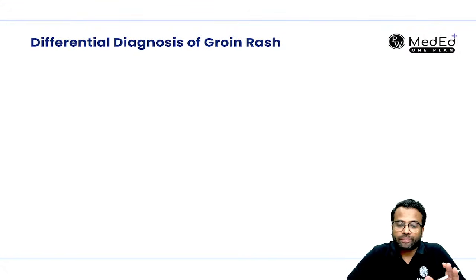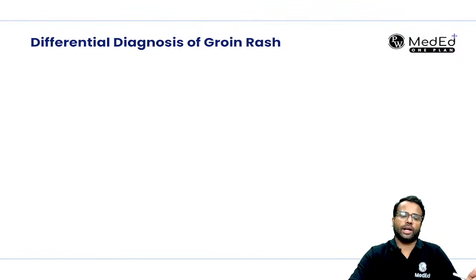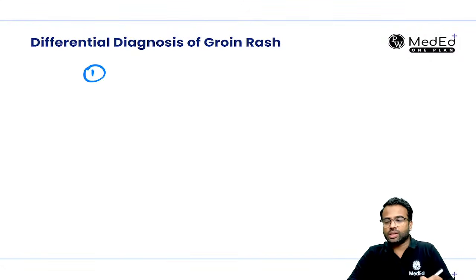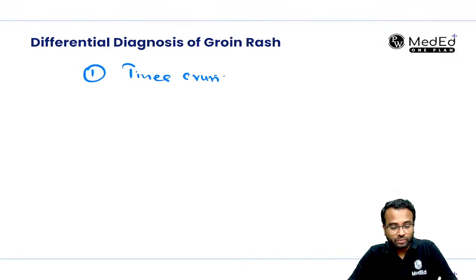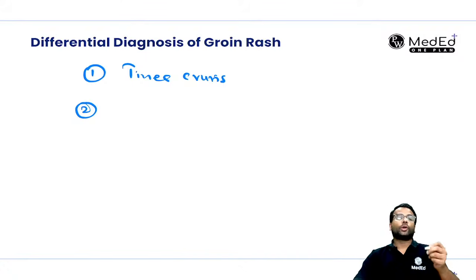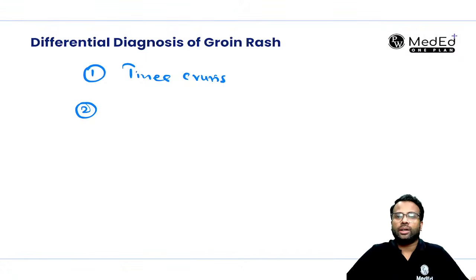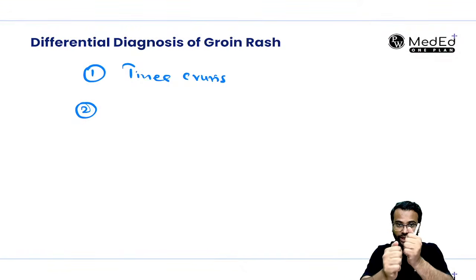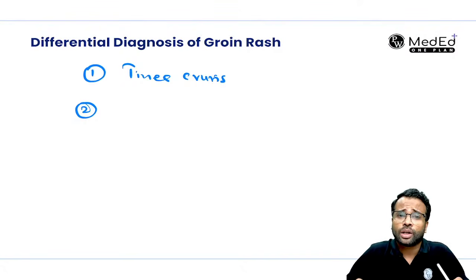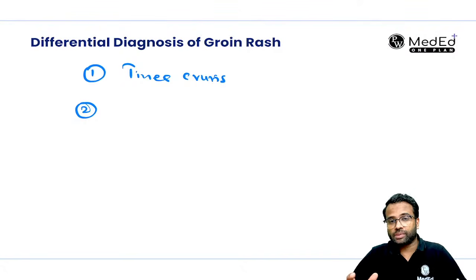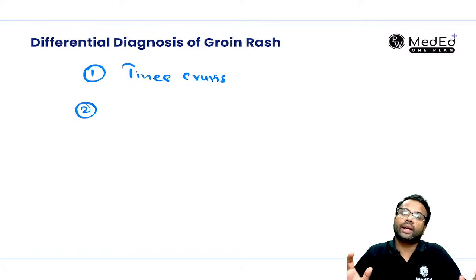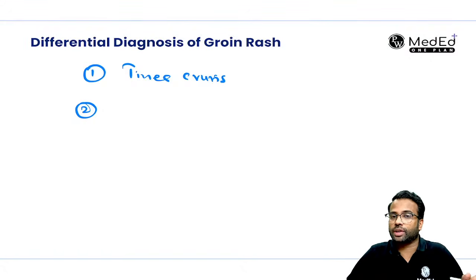In the groin region, if a patient is having some kind of a lesion, what are the differential diagnoses? One differential diagnosis, as you mentioned, is Tinea Cruris. What could be other things? Have you experienced in peak summers, or when you walk a lot, because of the friction, you may develop some maceration, some erosions in the skin, and there may be a superadded fungal infection also.